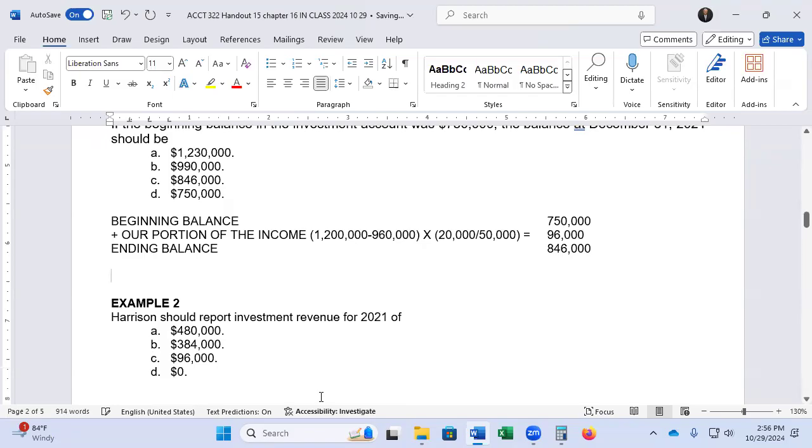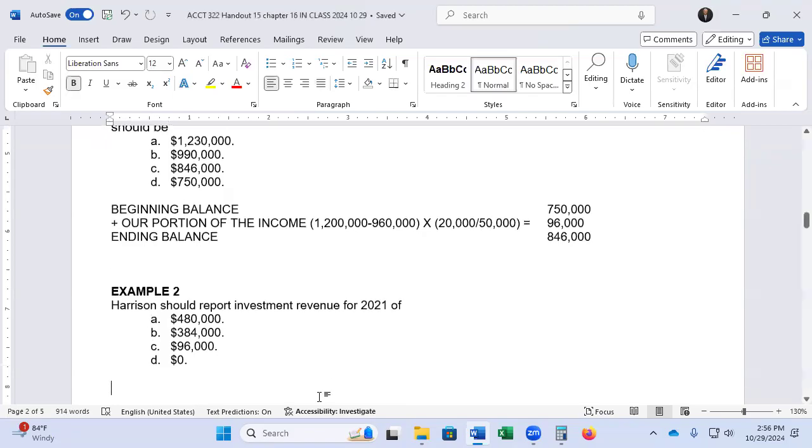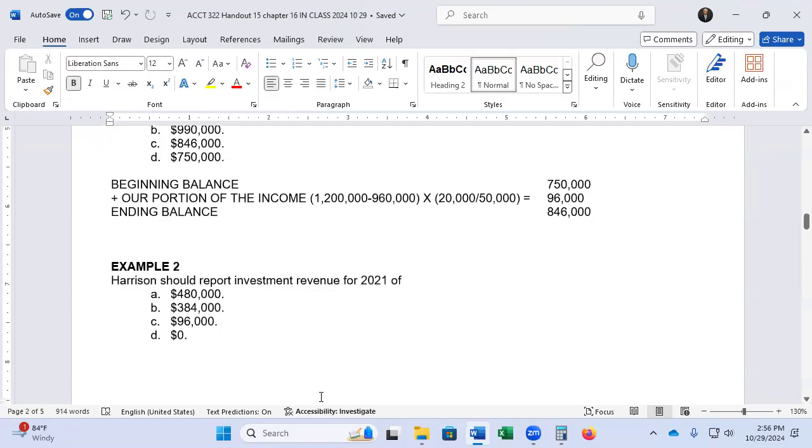Example 2, Harrison should report investment revenue in 2021 of, and so we have 1.2 million times 20,000 divided by 50,000 because that's their percentage of the income.